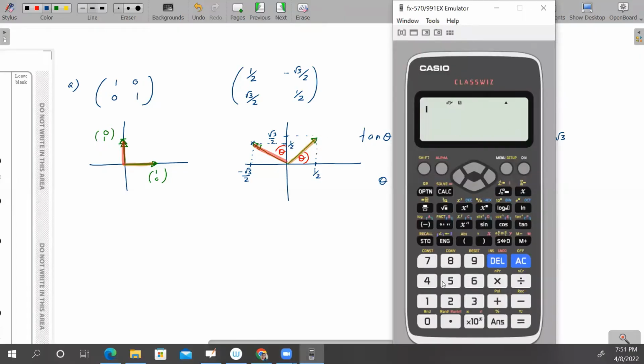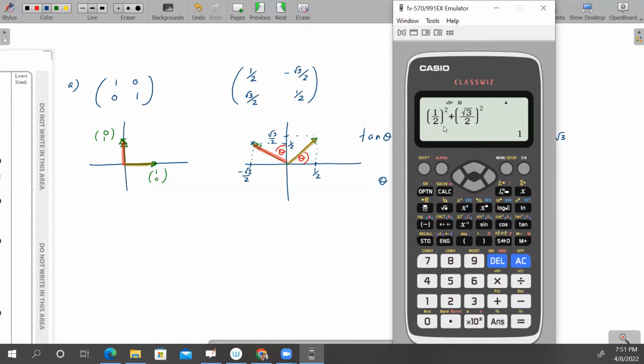So what do we have here? I get half squared, plus the y coordinate, root 3 over 2, whole thing squared. Are you with me? Then you get the square of these two, add them and root it.